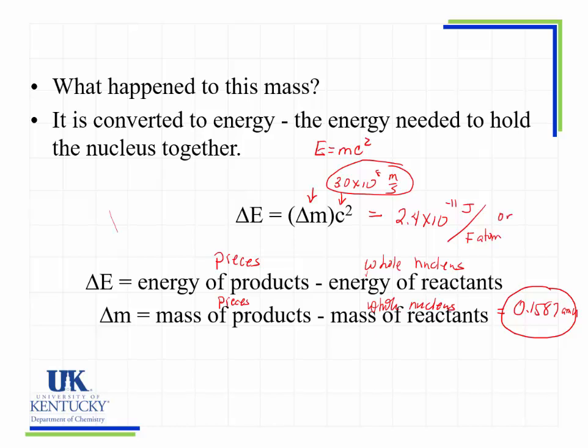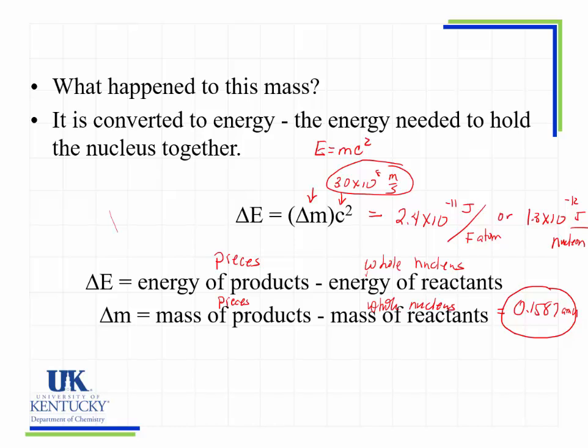Or if you did it per nucleon, which we're going to talk about here in just a minute, there are 19 nucleons in a fluorine atom, and that ends up giving us 1.3 times 10 to the minus 12 joules per nucleon. So that's the energy required to pull it apart.